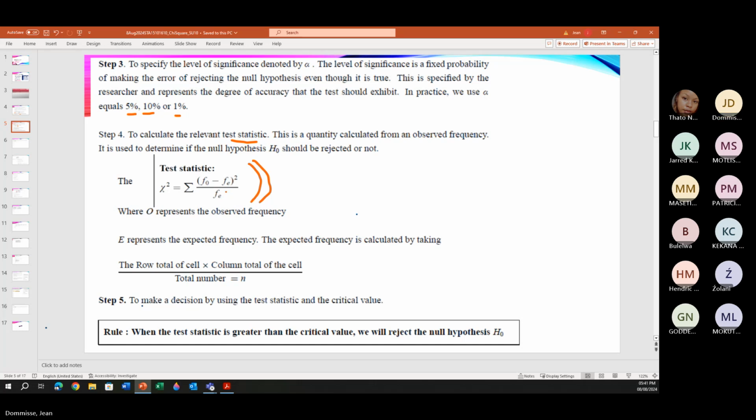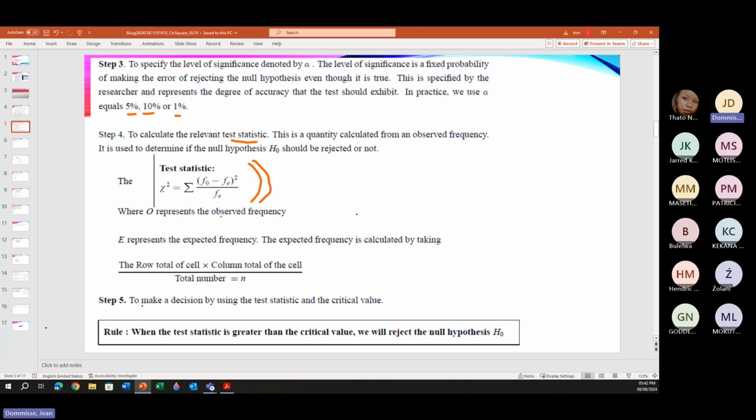It tells us we're going to work out the frequency of the observed minus the frequency of the expected, and that to the power of 2, divided by the frequency of the observed. But park that for now. I'll show you when we get to an example how we're going to work it out.